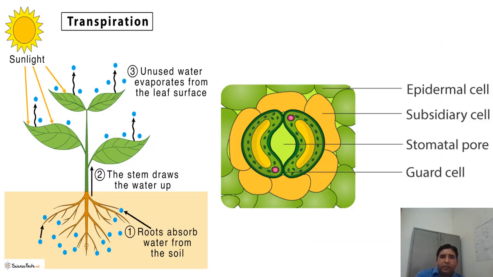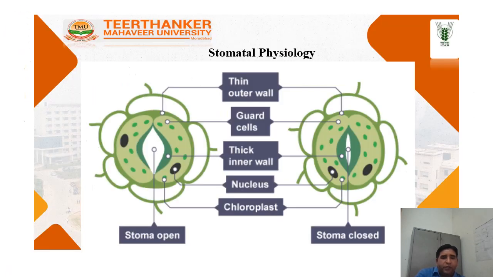Here we can see the structure of stomata, which are the active sites of transpiration. These stomata are natural openings in the epidermis of leaves, but they can also be found on stems and some other parts of the plant. These stomata do not remain open all day.